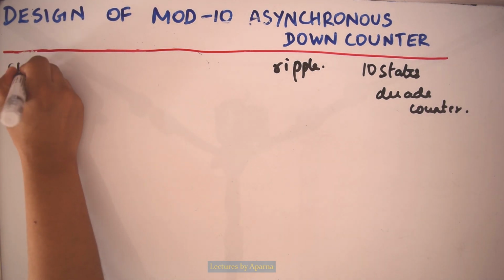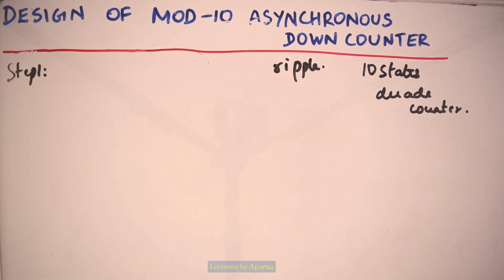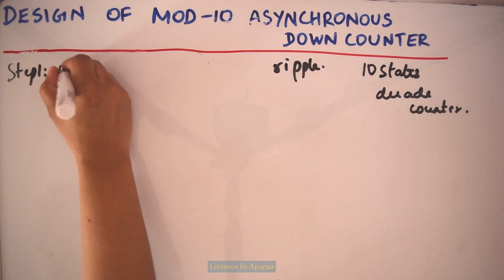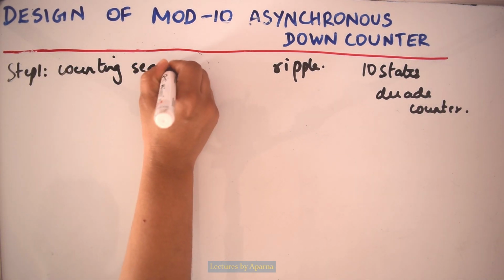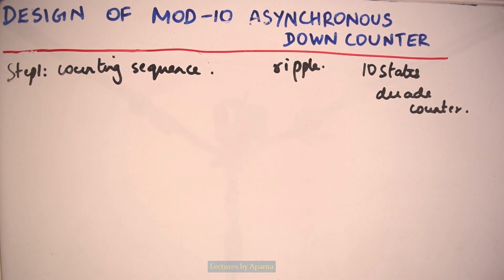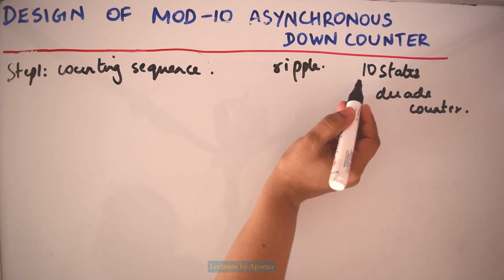The step 1 is to write the counting sequence. Mode 10 means 10 states.